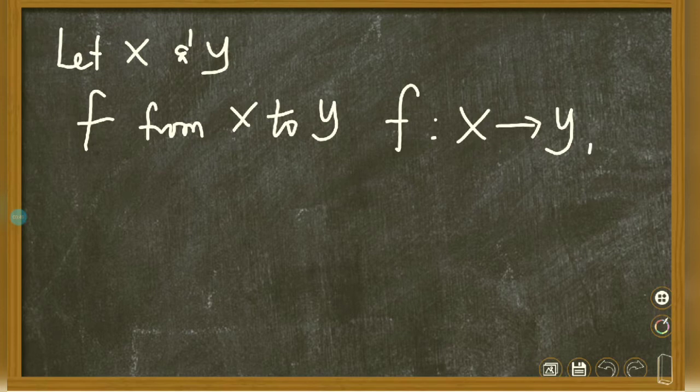This is a rule that assigns to each element of x a unique element of y. Again, this is a rule that assigns to each element of x a unique element of y. So that is a function.